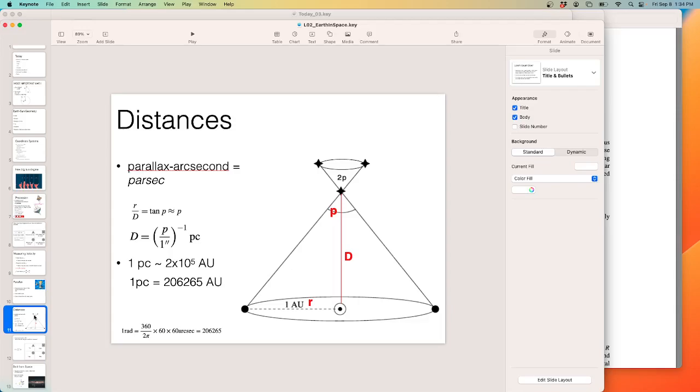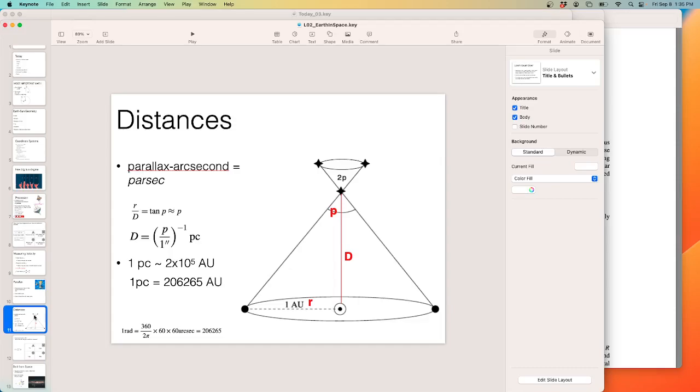But I don't want it in radians, I want it in arc seconds. So how many radians are in an arc second? How many radians are in a circle? 2 pi. How many degrees are in a radian? 2 pi over 360. Other way around. I always have to do it first and then check if I'm right and realize that I'm wrong. Okay, so this is theta in radians.